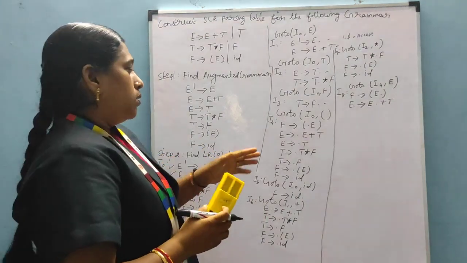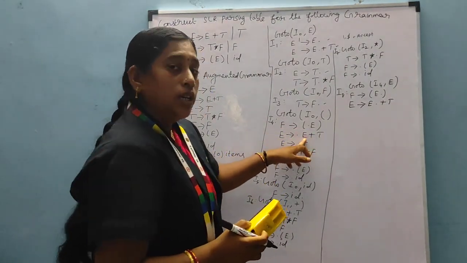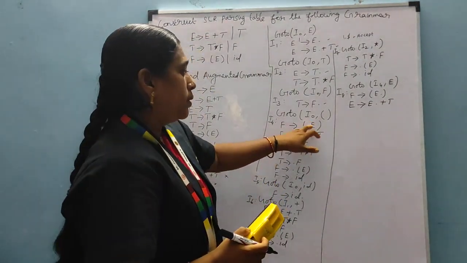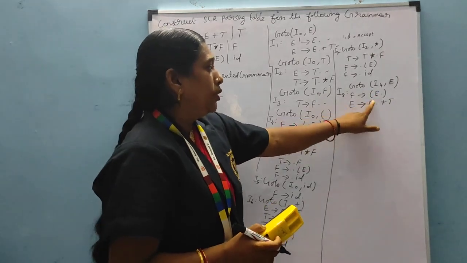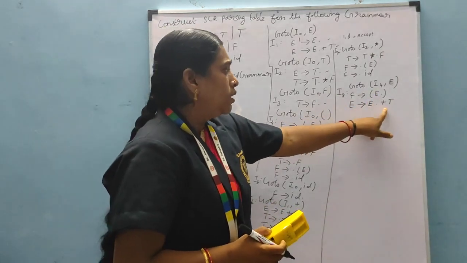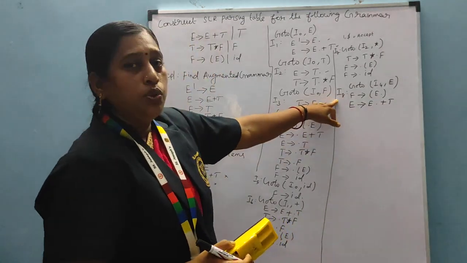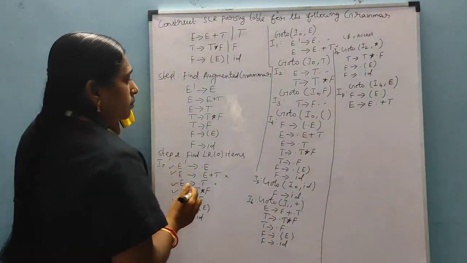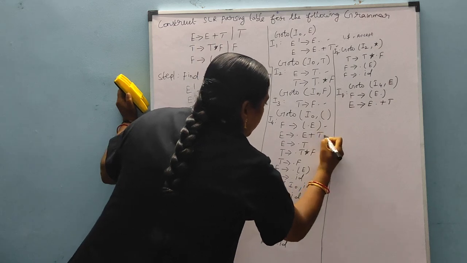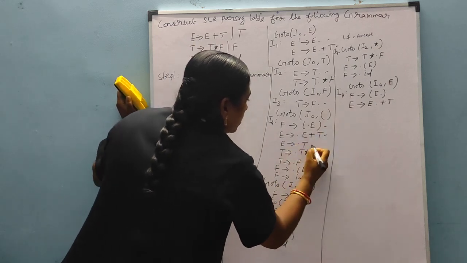Isn't it? Because of one more production with the E, two productions are present. So I am writing two productions. Okay. Now check whether after the dot production only a terminal is present. So this is the new state I8. This one completed, this one completed. Now this one. Yes.